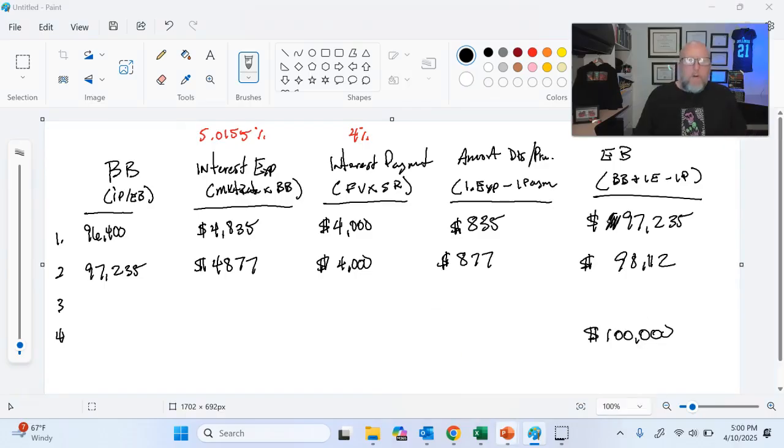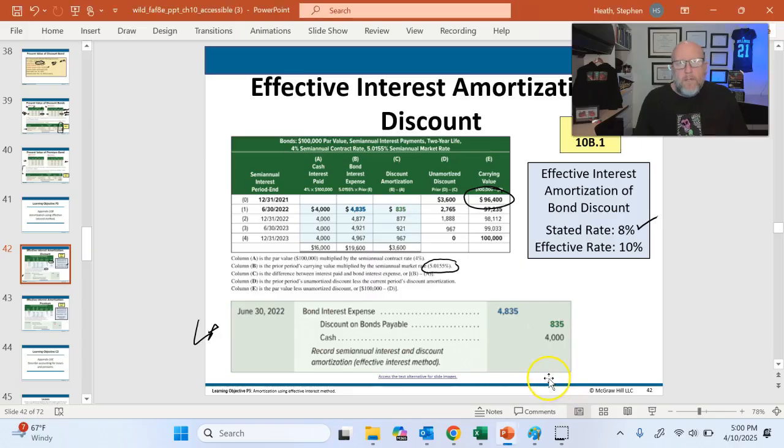I bet you if I go to the PowerPoint slides, that's what the PowerPoint slides are going to show me, right? Again, their columns are different, but they have interest paid, and that was the face value times the stated rate, just like in my table. They have interest expense, and that's the carrying amount or the beginning balance times the market rate, just like mine.